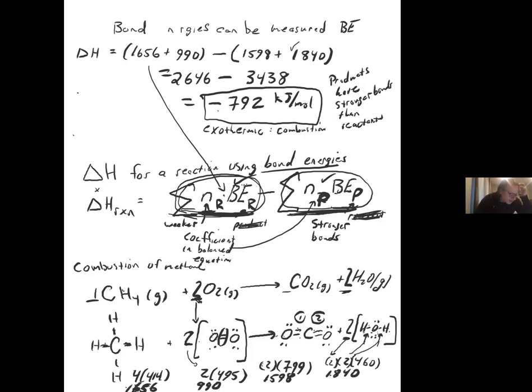So just a reminder, it's reactants minus products, and the reason for that is because of the way we measure bond enthalpies is how much it takes to break the bond, not how strong. You're measuring how strong it is by measuring how much energy it takes to break it. They're all going to be positive. So what we have to do is reactants minus products because of that, okay?